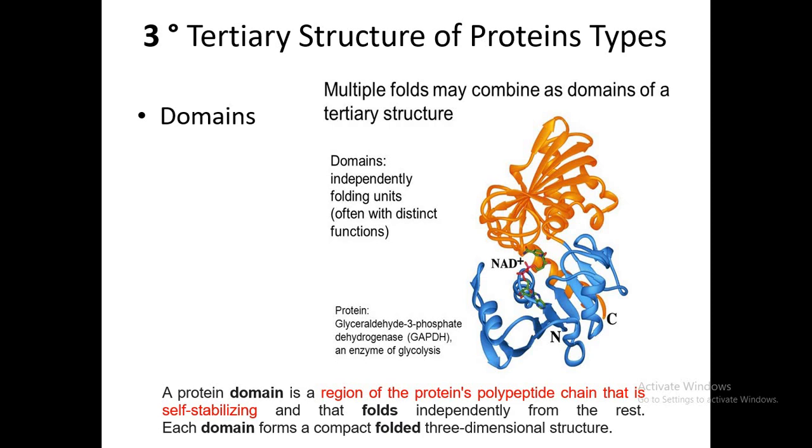And when the polypeptide chain is in extended, unfolded conformation, the peptide bonds would be more exposed to the biological environment and could be easily hydrolyzed, and the protein could be degraded or amino acids can be released from the polypeptide chain. So what is a domain? Domain is that portion of a protein that can be self-stabilized, exhibiting the 3D structure of a protein.